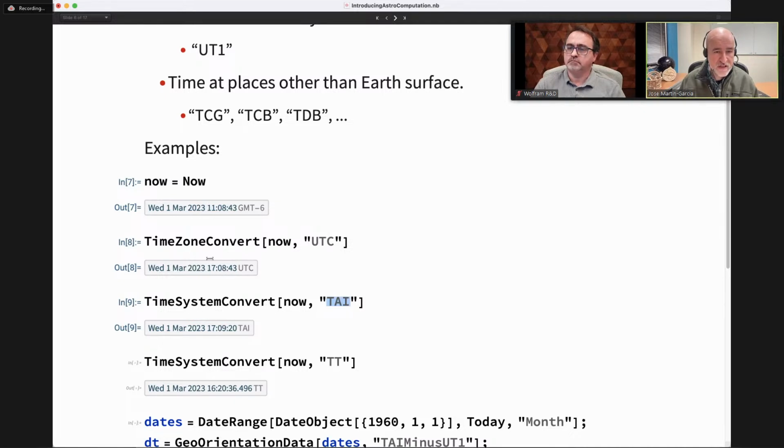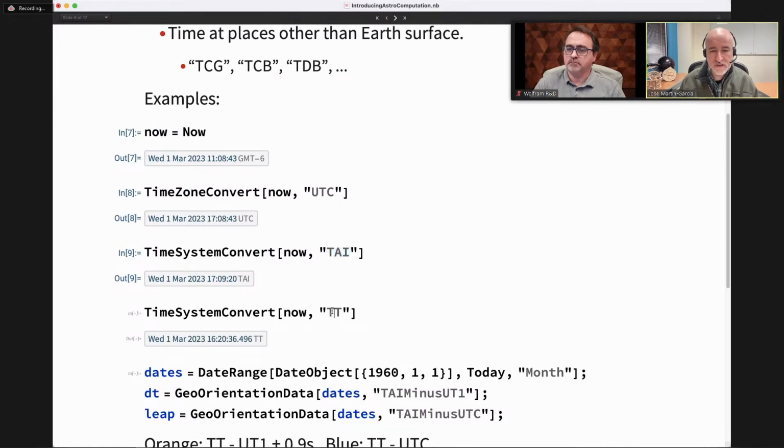This was a shift of a number of fixed hours in time zone. But now you see the atomic time is counting seconds differently. Or if we use the so-called terrestrial time, which is the most important one used for astronomy, we see again there is a difference of about 70 seconds or so.